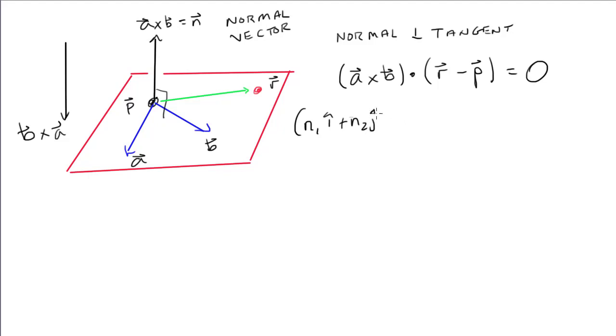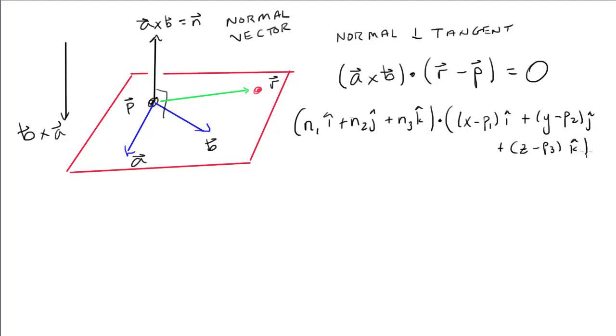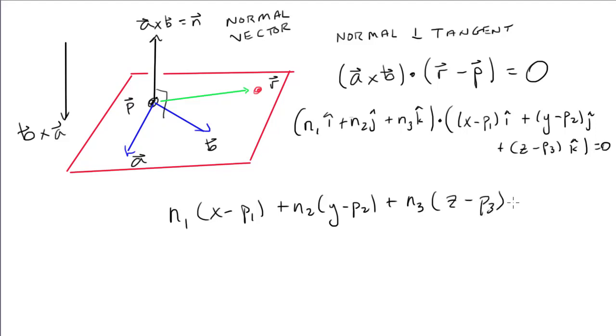Writing out the components, and executing the dot product. There's the equation of the plane. Easy, fill in the equation. Cross products are great that way.